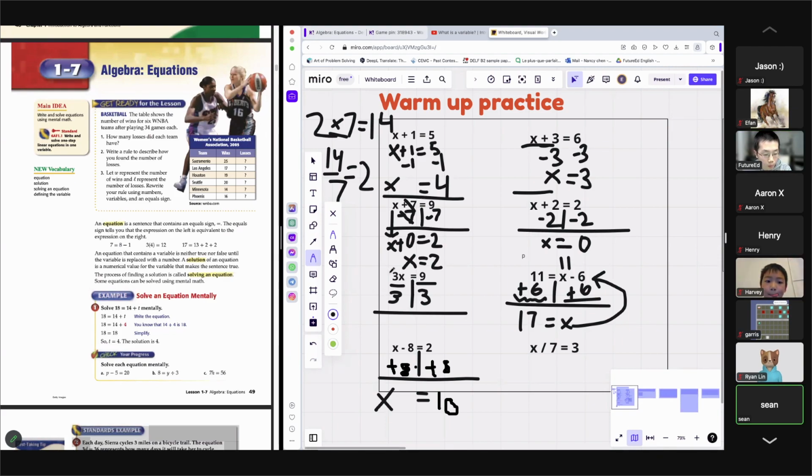3x divided by 3. So here's an easy question. What's 3 divided by 3? 3 divided by 3 is 1, and what is 1 times x?